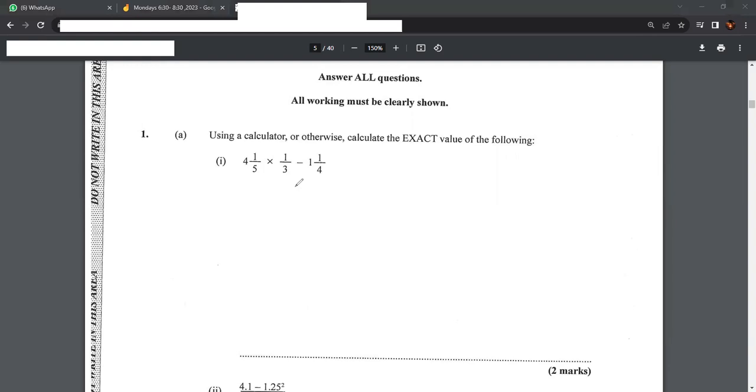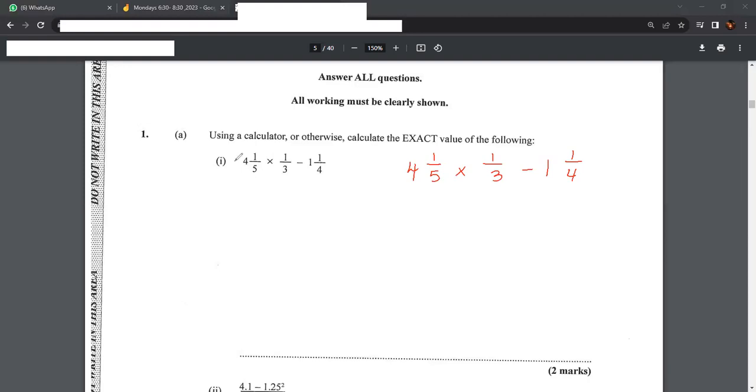So let's say they gave us this. So you copy your question onto your answer booklet, right? So you have 4 1/5 times 1/3. Those of you who are comfortable with these, you could work ahead of me, okay? And you could always check your answer.